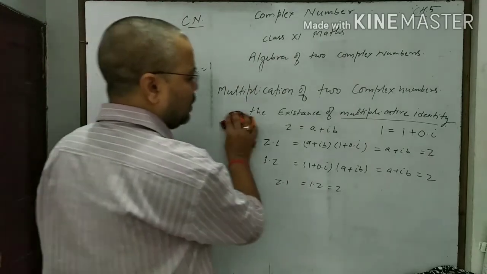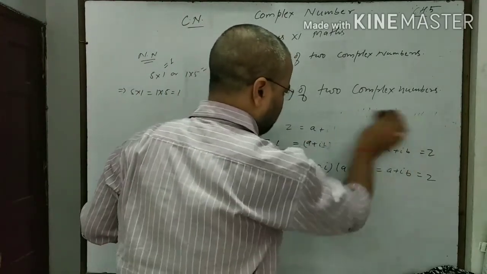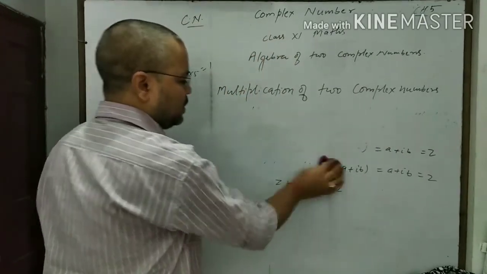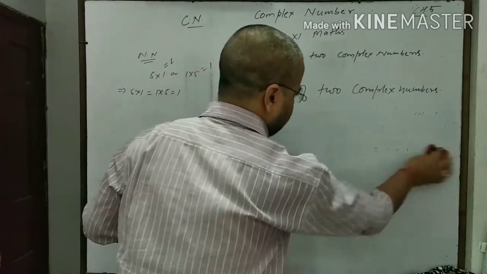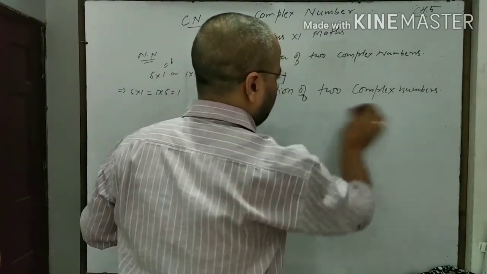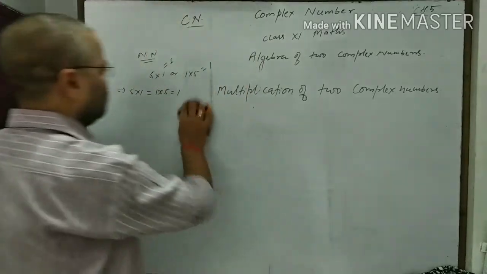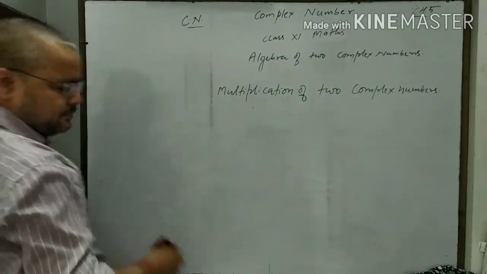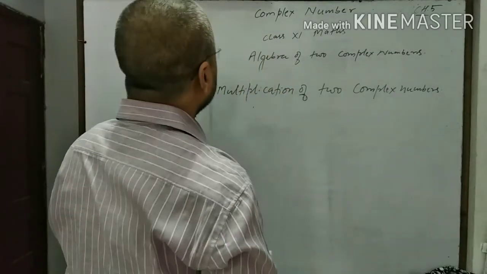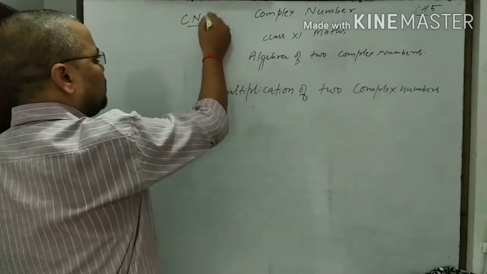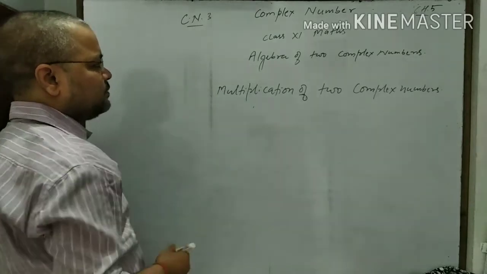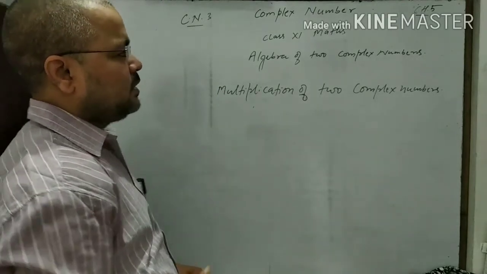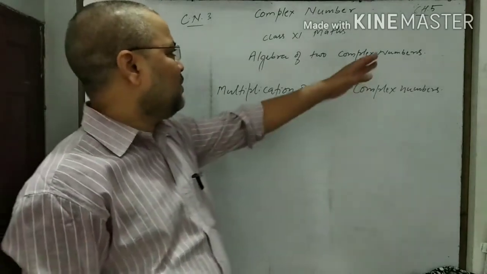Now I am going to discuss the multiplicative inverse. I hope each one of you knows about the multiplicative inverse. Dear student, this is the third part of the video of the complex number, chapter number 5.